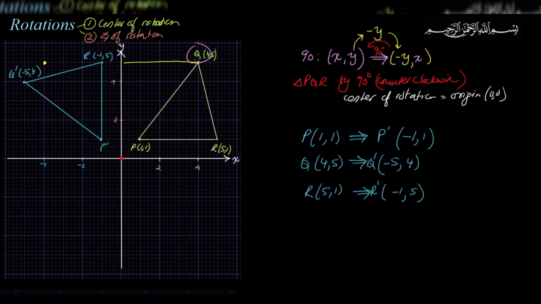From here to here is 4, right? So if I went from there to there, it is 4. I got that right, I think. And then here 5, 1 would become -5, 1, like this. So if I were to just reflect it about the y-axis, this is what I would have.